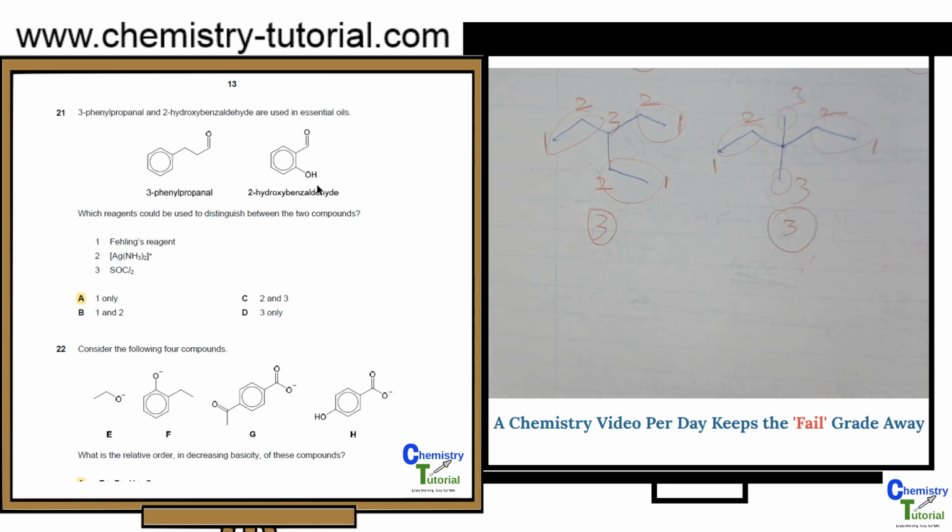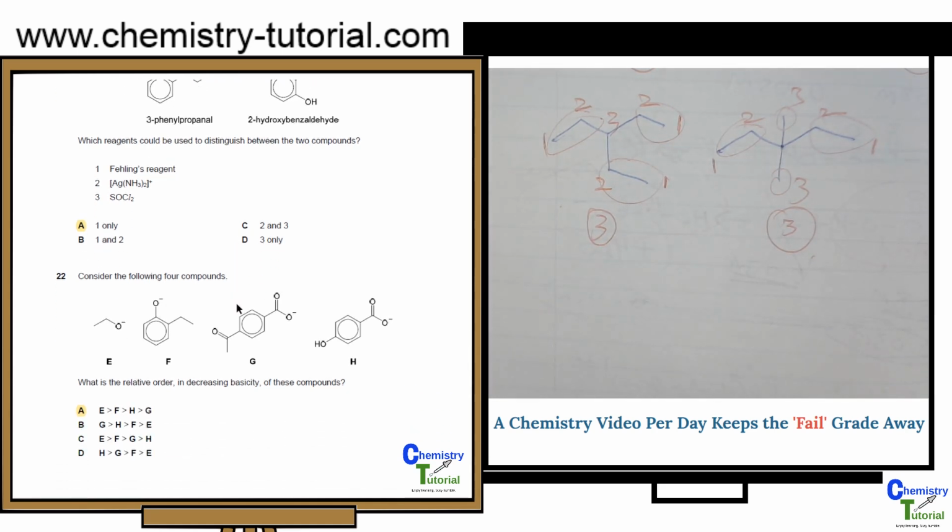So therefore, this is not possible. You cannot use it. For 3-phenylpropanal there's no OH over here. So there's no reaction. Although there's an OH, this C-O bond has a partial double bond character, so no reaction as well. Hence, the only answer is option A.